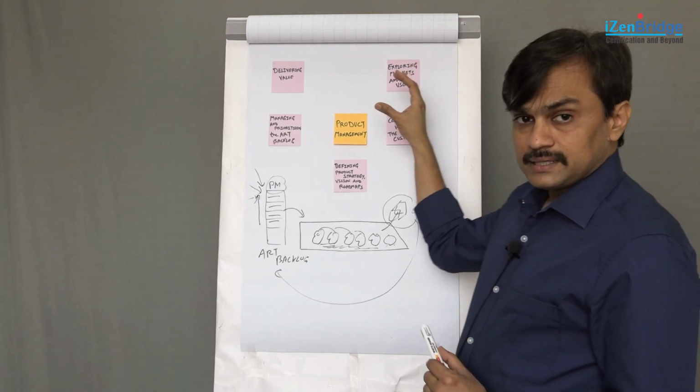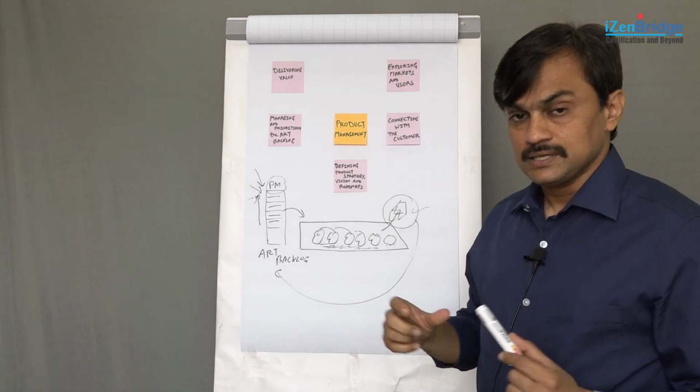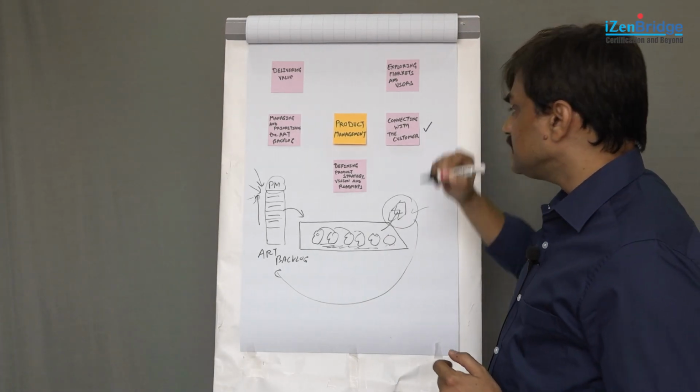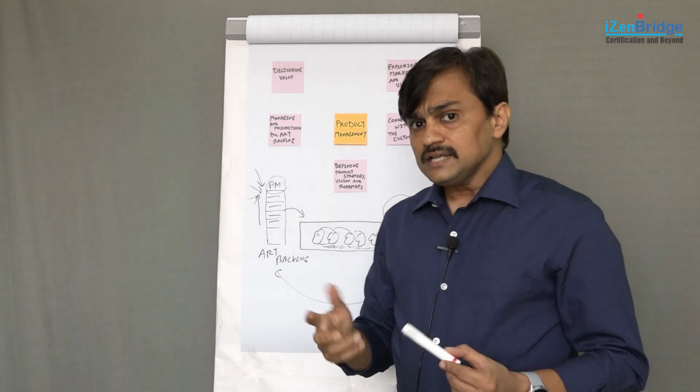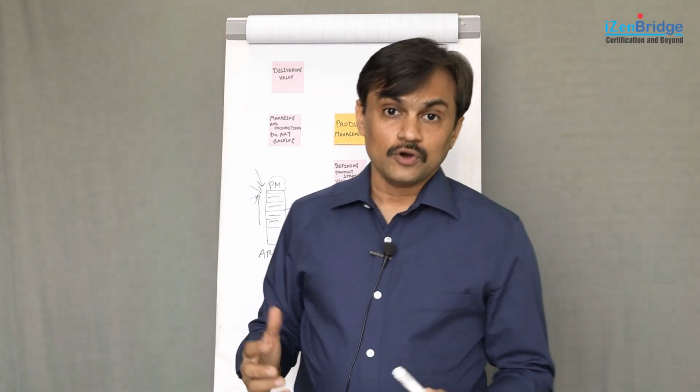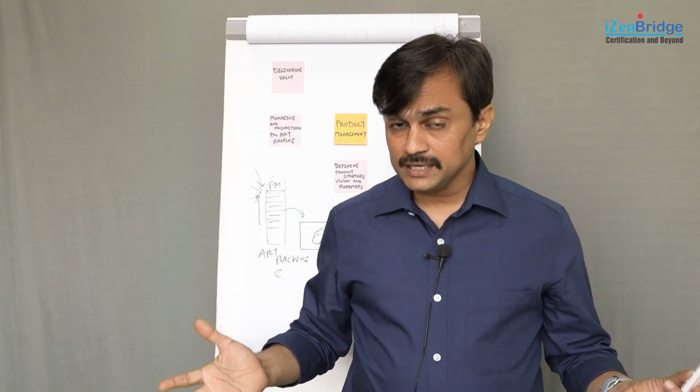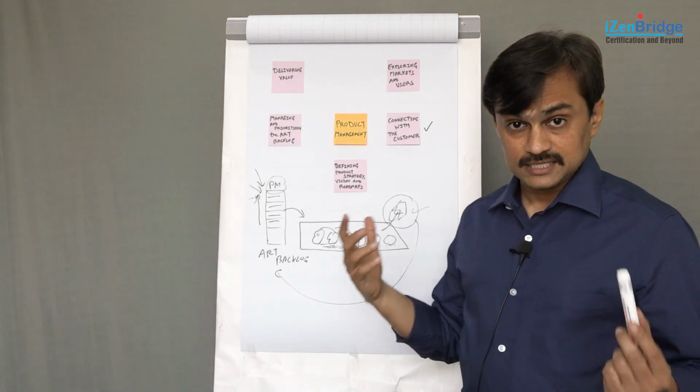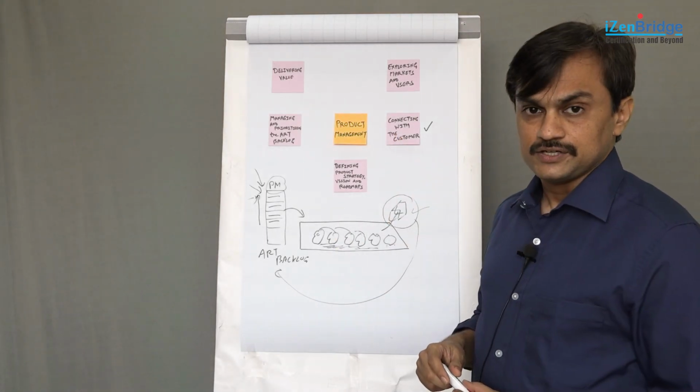Now, once I understand that, I get into the details and I start focusing on connecting with the customers. So, connecting with the customer is basically focusing on empathizing with them, understanding their needs and expectations, focusing on customer centricity.